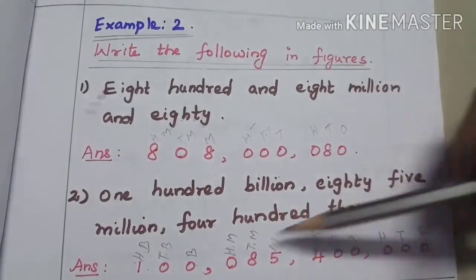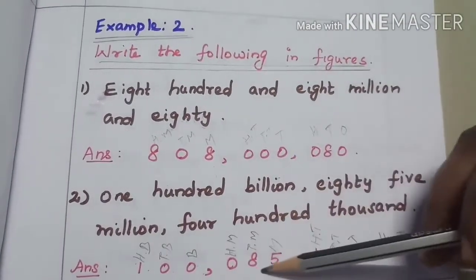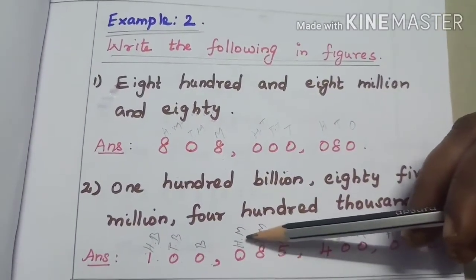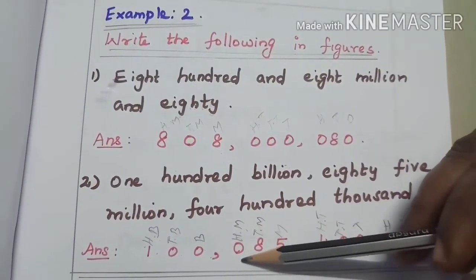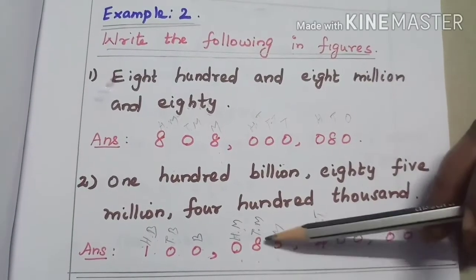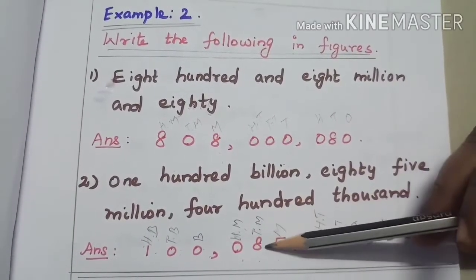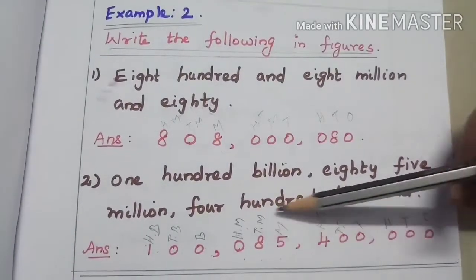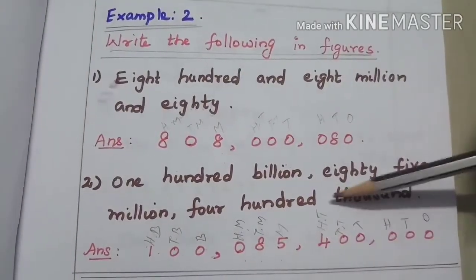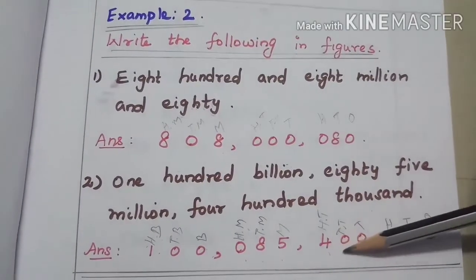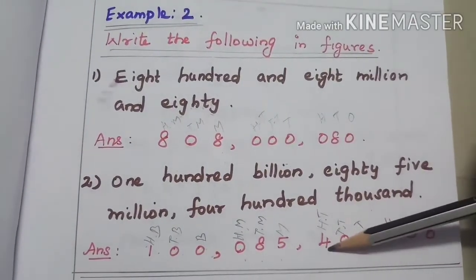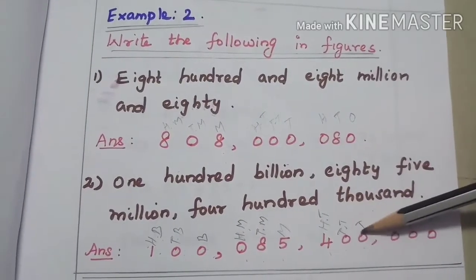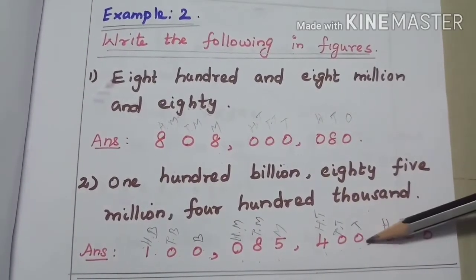And you see 85 million. So 85 in the 100 million place we want to have a number. So we put 0, 8, 5. 10 million place 8 and million place 5. And next you see 400,000. So 4 in the 100,000 place and 10,000 0 and 1,000 0.